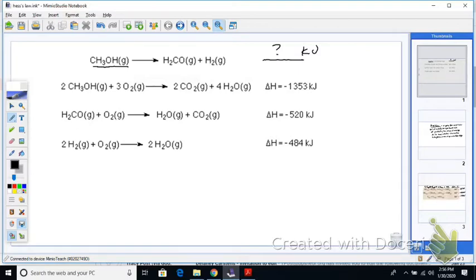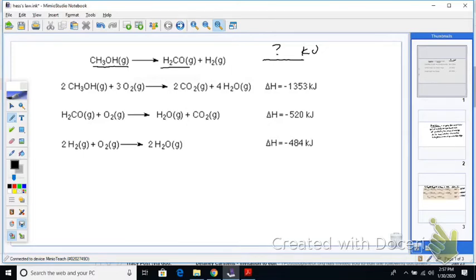So we'll look at this one. Which reaction has that one in it? The second one. Now it's not on the right side. It has to be on the product side. So what you do is you rewrite it, and you just flip it. I'm going to put the products on the reactant side and the reactants on the product side.